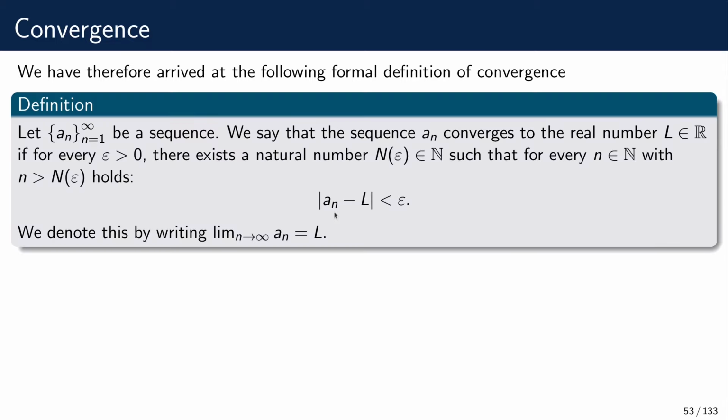So now that we have seen the visualization of the definition, let us give finally the very rigorous definition of the limit or the convergence. So we have the sequence a_n, and we say that this sequence a_n converges to the real number L, or L is the limit of the sequence, if for every epsilon, right, epsilon is this accuracy threshold, we can find this natural number n of epsilon, this natural number is dependent upon epsilon, such that, well, remember that we say that the distance between the elements of the sequence and the limit can be made as small as we please, provided that we go far enough.